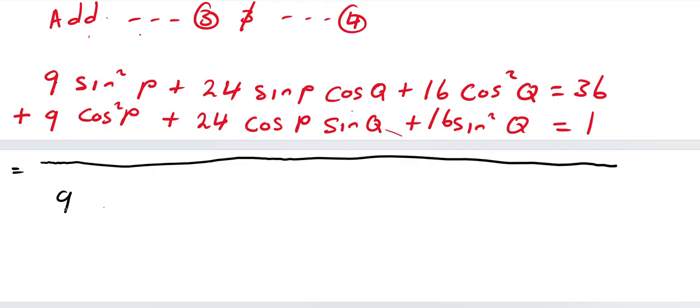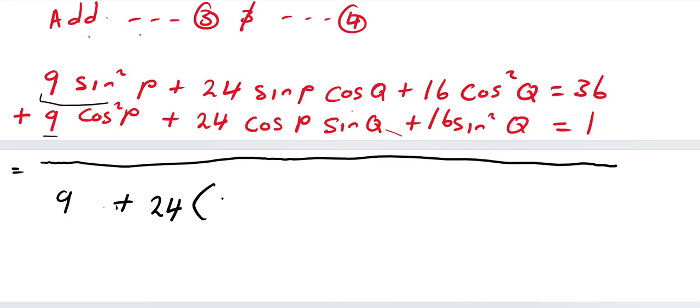Okay, here we are going to have 9, isn't it? We are adding this one with this one. And then plus, here we're going to take a common factor of 24.